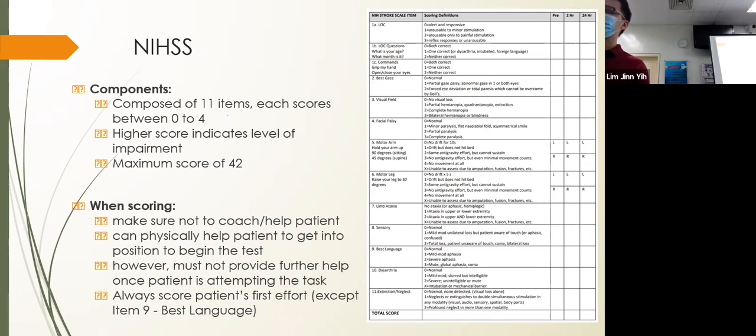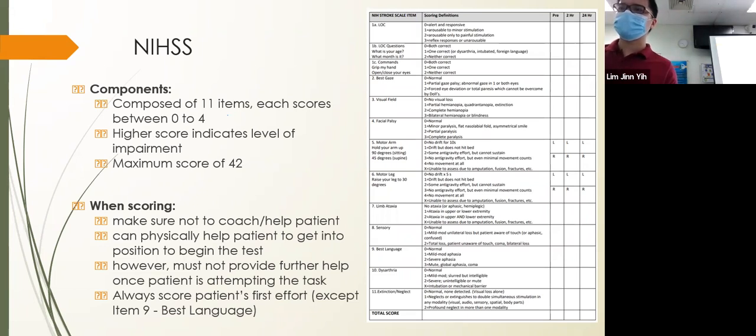I want to add a bit before we end our session. The NIHSS score is very important, but it's a medical conundrum when we get patients coming in with posterior circulation infarct, because sometimes they will not come with weakness. With the NIHSS score, we look at whether they can lift their arm for 10 seconds or not, but sometimes posterior circulation infarct will not present with weakness.